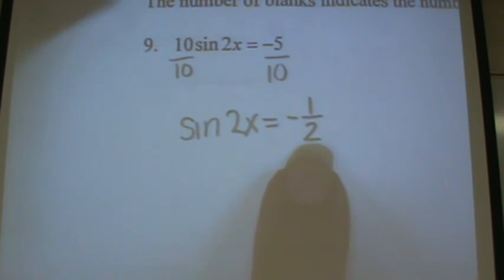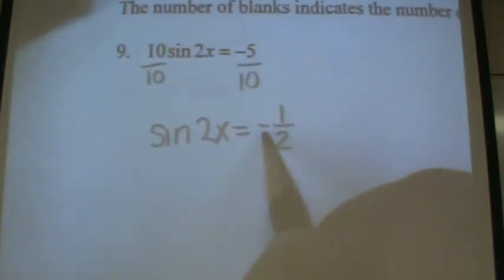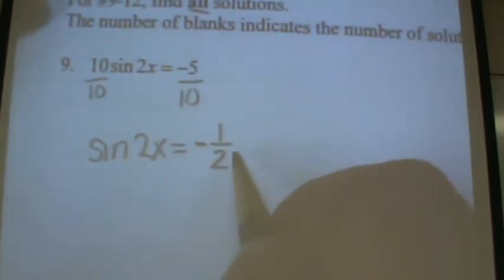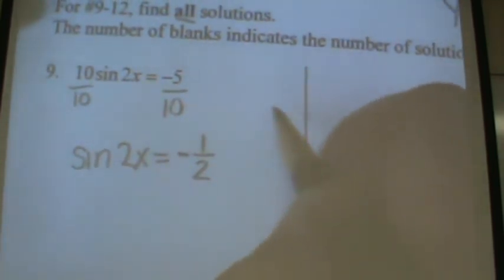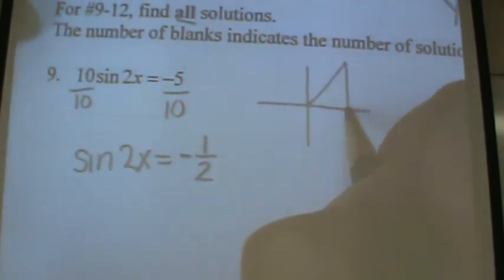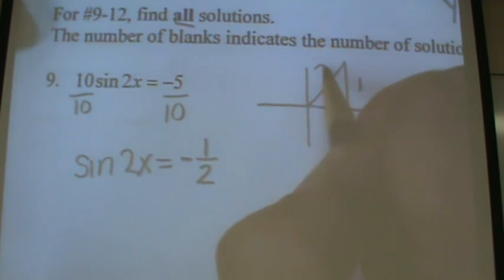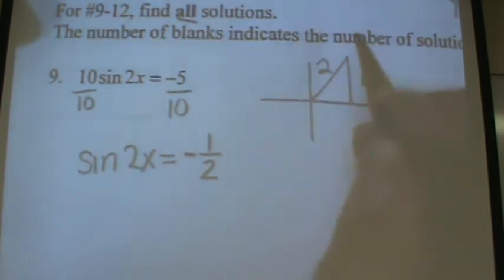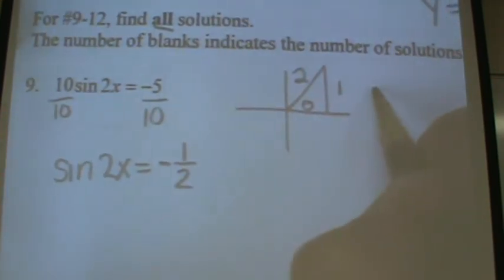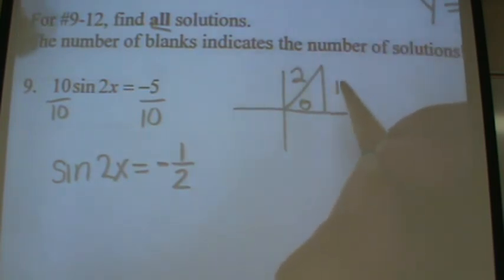What angle am I? I'm going to ignore the negative. Okay? So give me an angle in quadrant 1 whose opposite over hypotenuse is 1 over 2. What angle am I? Not 45. 30. I didn't say 40. 30 degrees, pi over 6.